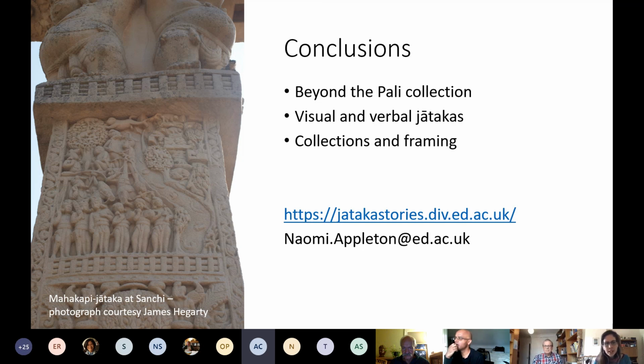Yeah, I think that's the challenge, really, and certainly being very selfish about it with my own research interests, because my interests are primarily in the earlier period, I'm unlikely to be prioritizing putting on the recordings of, I see in the comments, a suggestion of contemporary performances of the Jataka. I think that's a fascinating area of research, and I love reading and hearing about it. But because it's not my own research priority, it would be for somebody else to gather these materials together, and certainly we could find space for them.